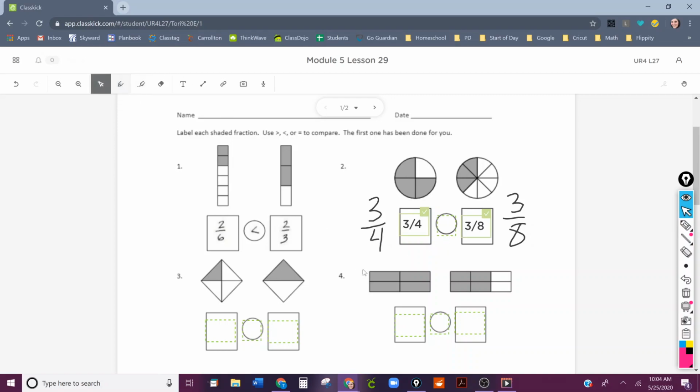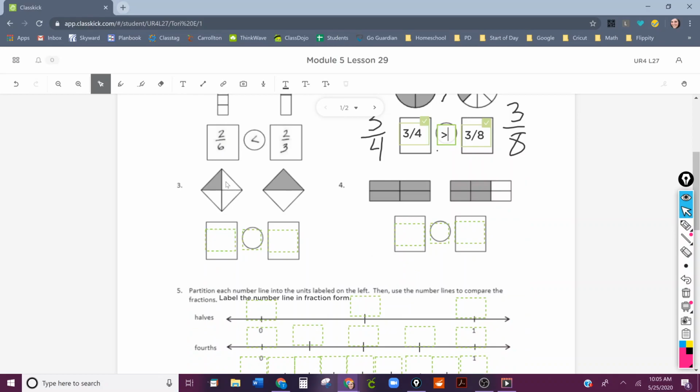So our bottom numbers are 4 and 8. So 4 is smaller, which means the pieces are bigger, which means the fraction is bigger. So that means that our alligator is going to want to face the bigger fraction. And so in here, we're going to put a greater than symbol. You can also see from the picture that this gray covers more space than the gray that's shaded over here.